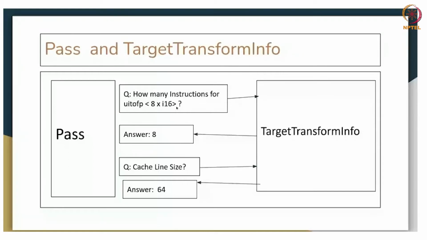There is target specific information available in this target transform info. Available in the sense, once you have a target, you have to write all the code here. For each instruction there will be fields like how many clock cycles are required, what the addressing mode is, what the number of operands is. There are so many fields. Once you have that, using this API, you should be able to provide such information.